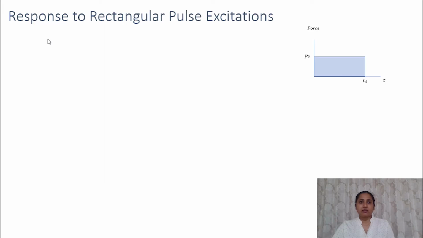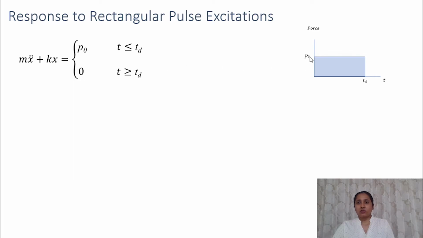Now let's find the response of a single degree of freedom system to rectangular pulse excitations. This is the equation of motion of an undamped single degree of freedom system, and a rectangular pulse is acting on it.